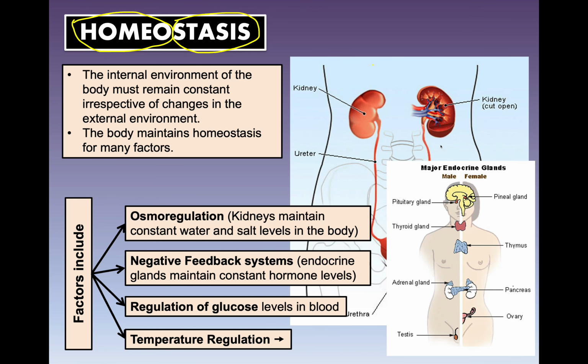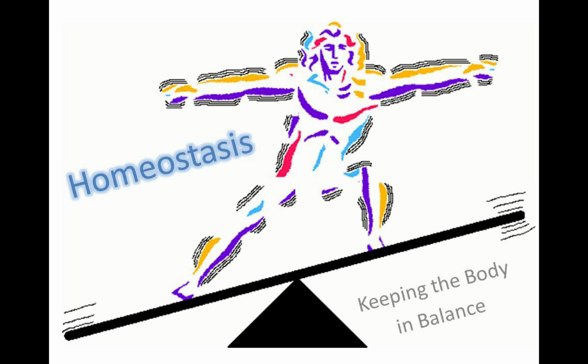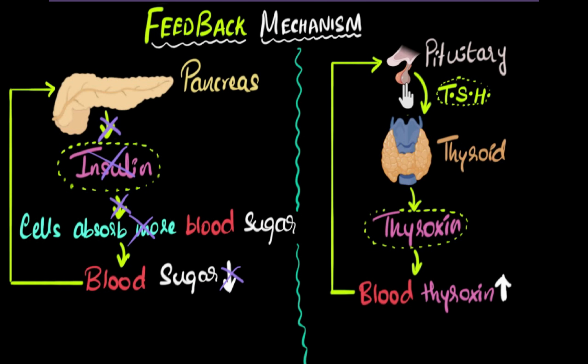So let's recap before we move on. Homeostasis balances the levels of the factors in an internal environment. Why? To maintain homeostasis. But the way the body senses and corrects these changes, what do we call that? Very good. That is called a feedback mechanism.